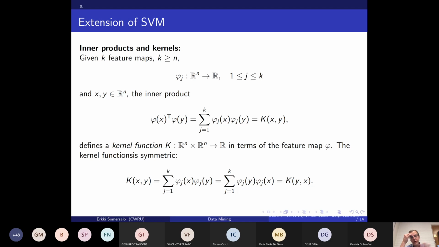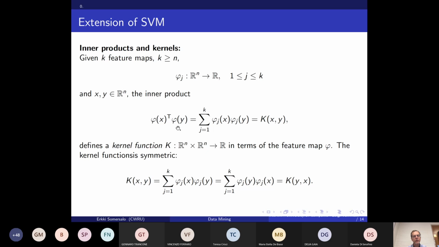But let's look first at how it looks if I define those feature maps. How does the algorithm change? I take k feature maps phi j, which are real valued functions, and then I vectorize this, so that these are the components of my phi vector. Now let's look at the inner product. Phi of x is the extended data point corresponding to x, and phi of y is the extended data point for data point y.